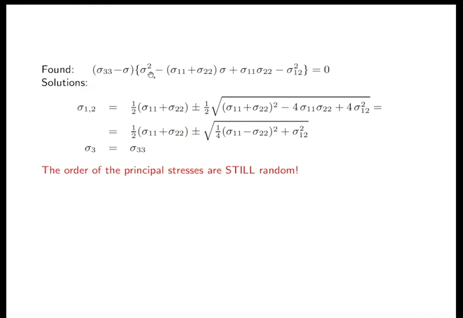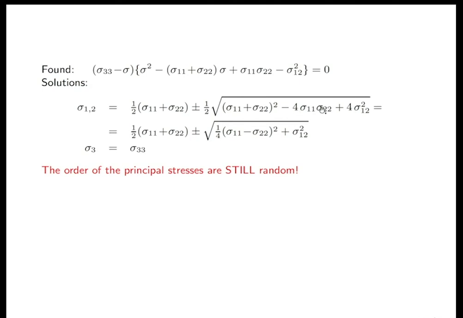And this is the solution to the second-order polynomial. The sigma 1,1 plus sigma 2,2 goes here, outside of the square root, and inside the square root also, minus 4 times the constant times the prefactor, and the prefactor is 1. The 4 comes from the solution equation.